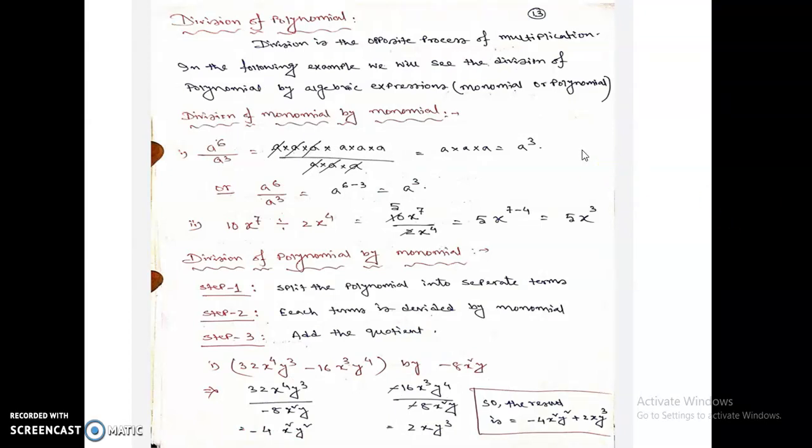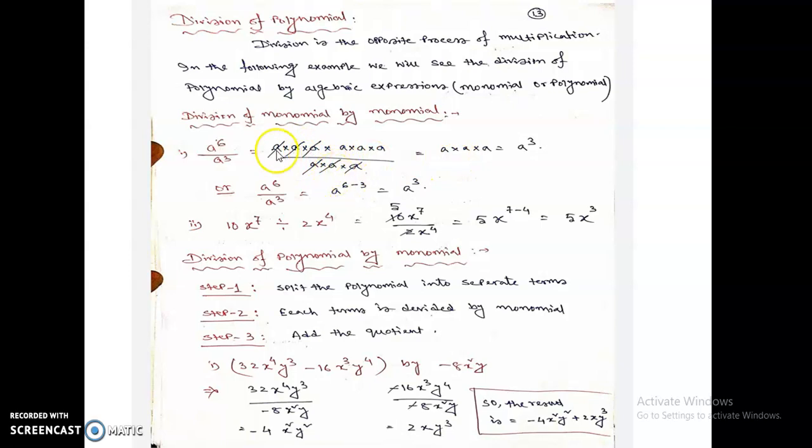So it is the division. In case of division, the same type of tactics we will have to follow, but whenever we are going for division, the powers have to be subtracted from one another. Like a to the power 6 divided by a to the power 3: a to the power 6 means 6 times of a multiplication, and a to the power 3 means 3 times of a multiplication.